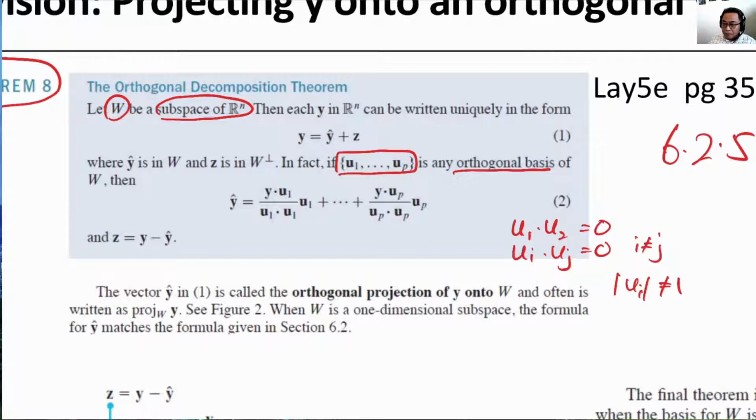Now, if u1 to up are an orthogonal basis of W, that means we have a very nice set of vectors telling us what W is, the minimum set of vectors that spans the space of W. We can easily approximate y in the space of W by this equation.